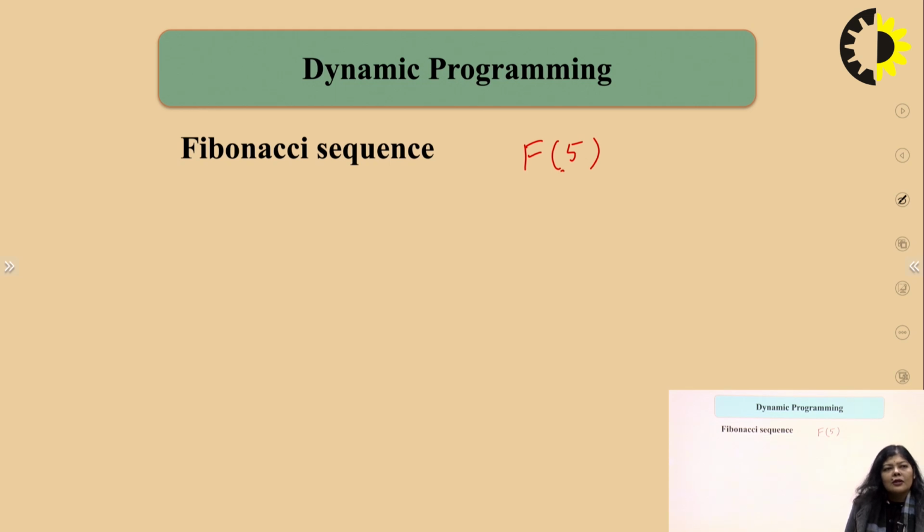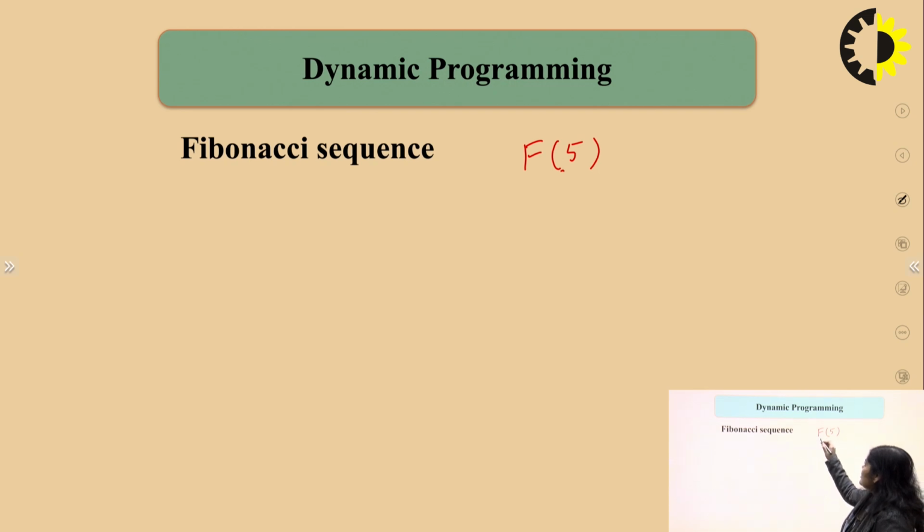So how is dynamic programming finding out this solution? For the convenience of visualization, I will show you the solution with the help of a tree sort of diagram, so that we are able to understand what steps the approach is going to take while finding out a solution for the given problem, right?